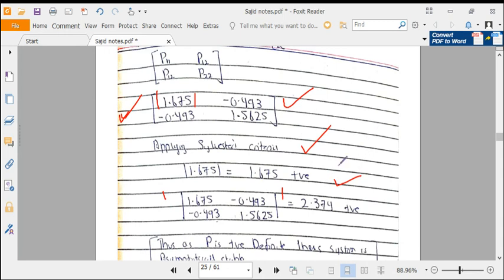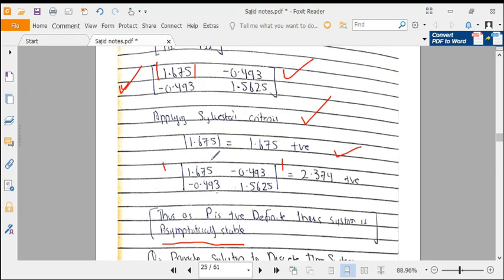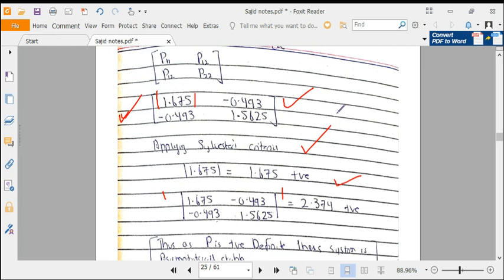The second thing is to check if this matrix is positive definite. So we check that by using the Sylvester criteria. We have another method as well of checking if this matrix is positive definite, that is by finding the eigenvalues of this matrix.